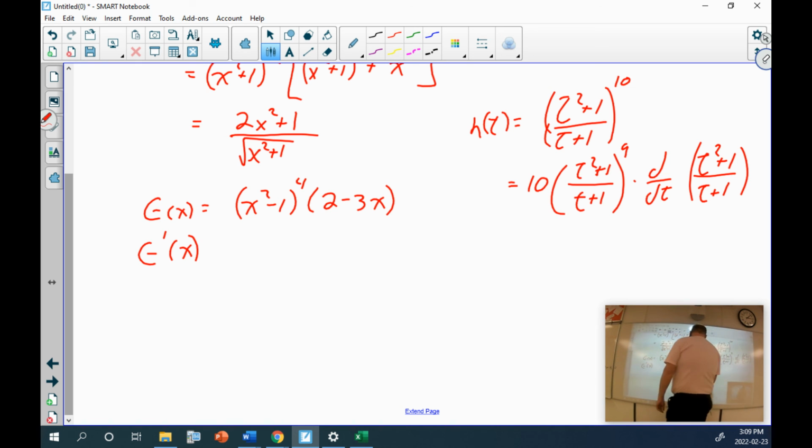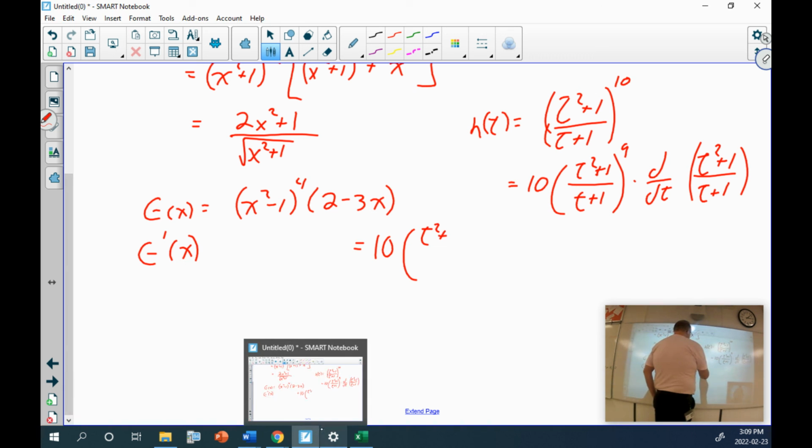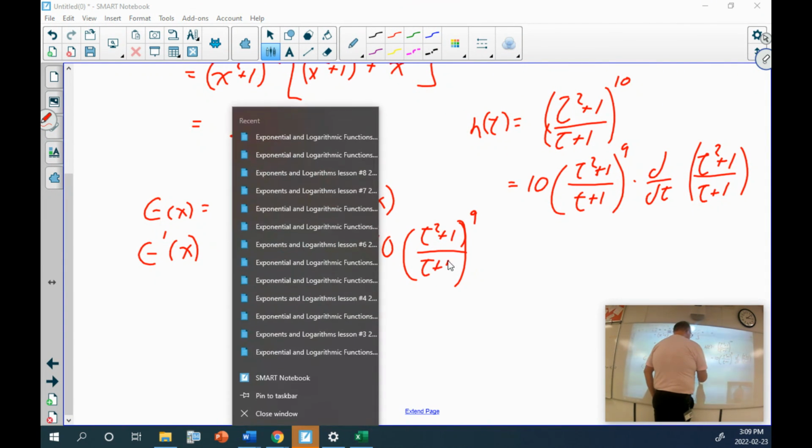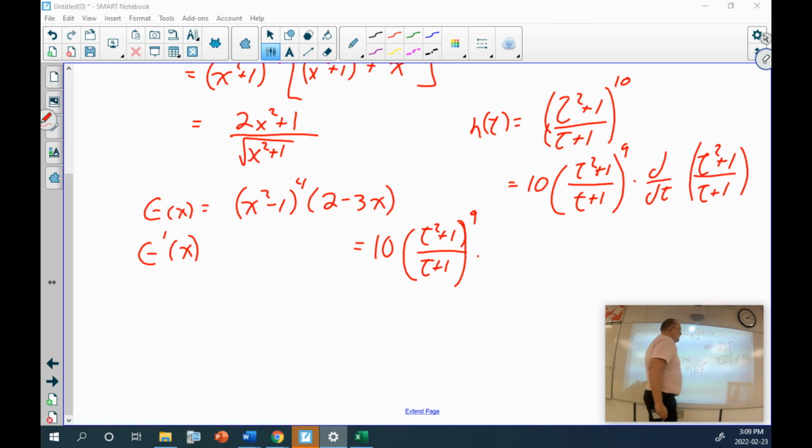quotient there. And since I'm running out of space, I'm going to move over here. Leave that guy alone. So we have to apply the quotient rule to this.